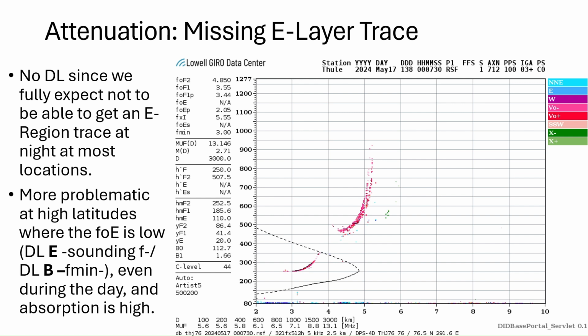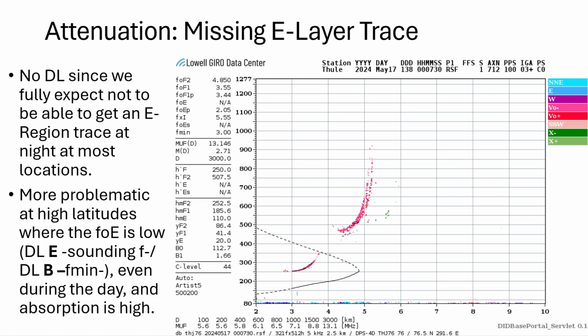If you thought that you weren't seeing an E region trace just because the sounder's lower frequency was too high, which is often the case at high latitudes, foE can often be 1.5 megahertz, and that can be lost. That could be missing due to attenuation because it's very low frequency, or just because this ionosphere only goes down to 2 megahertz, right?